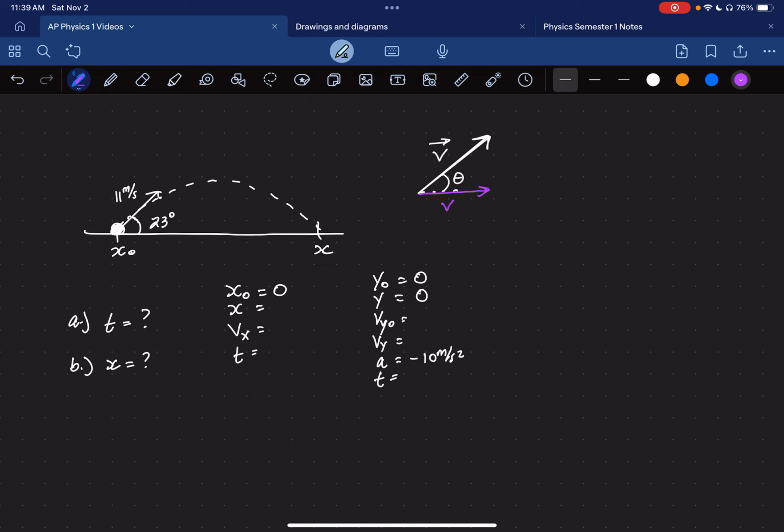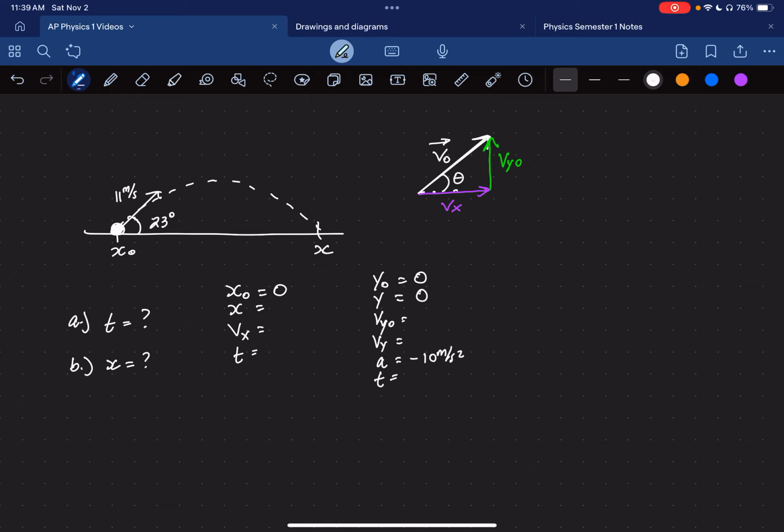We have component Vx, and we have a component Vy naught. And let me go back here. This is not just a velocity, this is the initial velocity of the soccer ball.